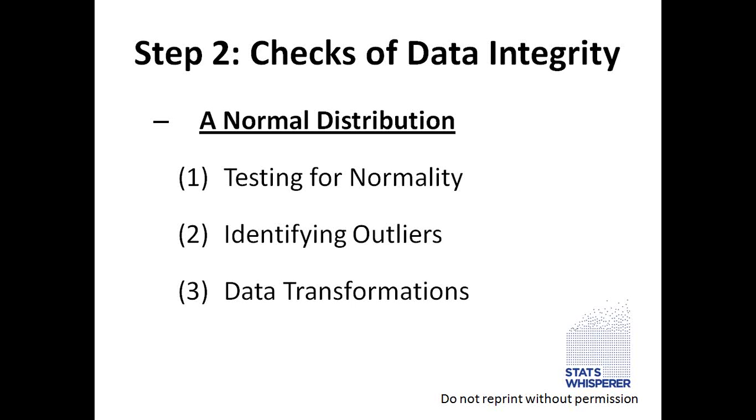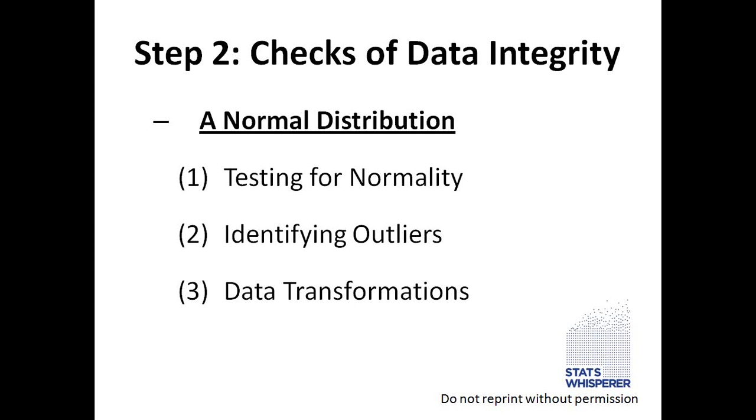The next thing we need to do is ask, how do we identify outliers? Those are scores that are really big or small compared to everyone else. That's often what threatens the normal distribution. And lastly, number 3, if we have a variable that's very non-normal, we might want to do a data transformation.